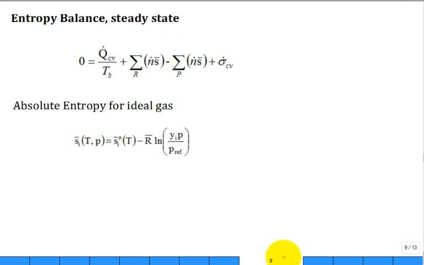Well, let's move to entropy balance, or the second law of thermodynamics. Well, it's for steady state. Normally, we'd have the rate of change of entropy stored in the control volume with respect to time. But that's only if you're accumulating and depleting. Almost the whole class is steady state. Only a few true transient problems out there. And then we have this term. What is that? The transfer of entropy associated with heat.